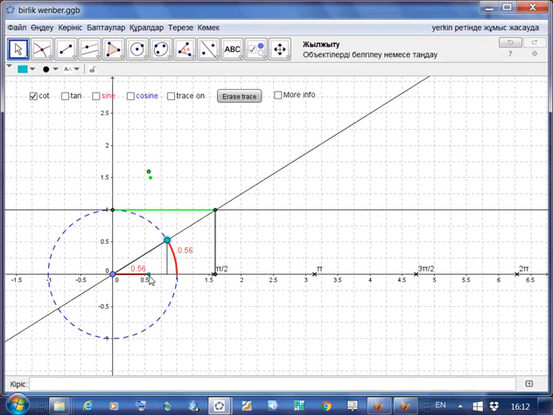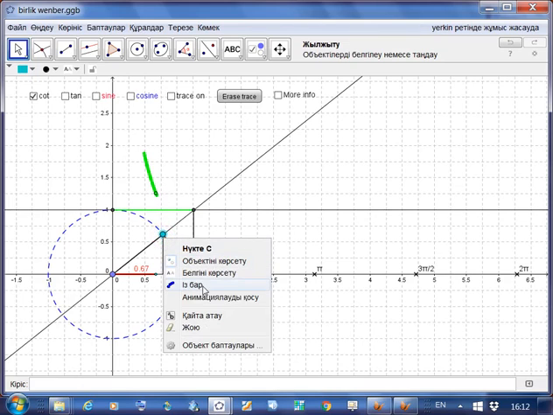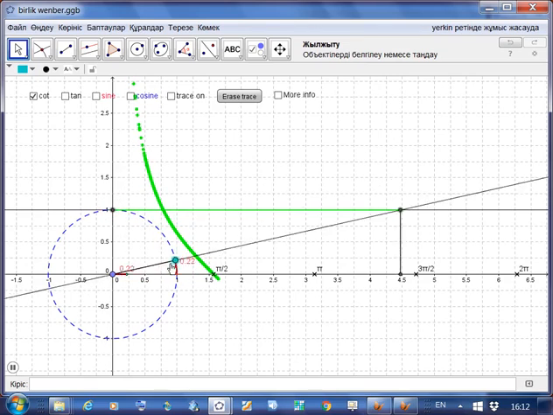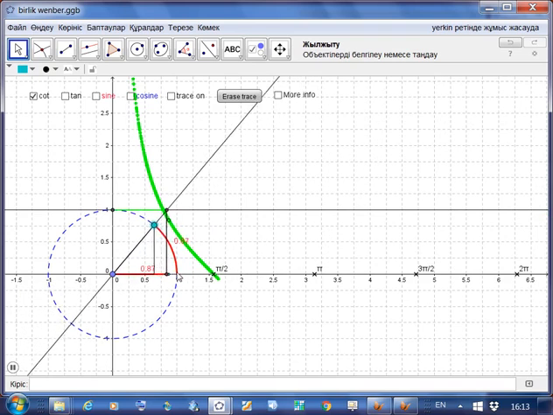For this angle, 0.67, the value of the cotangent is the y coordinate of this point. Now let's animate this, so we will have the graph of the cotangent function.